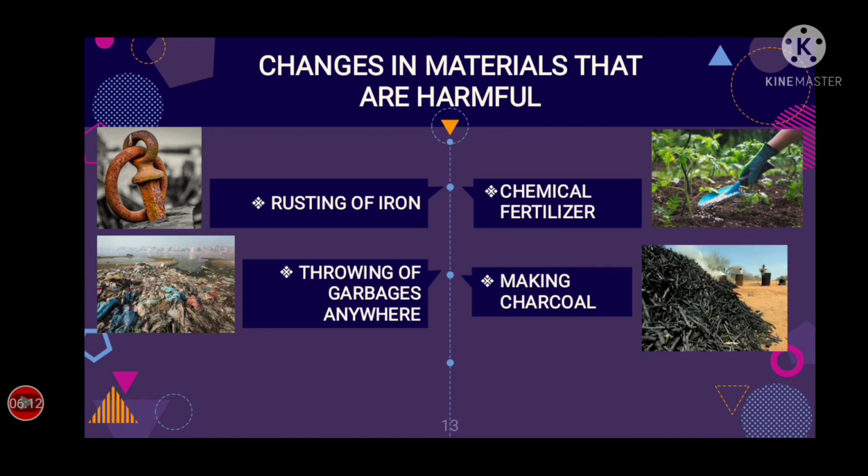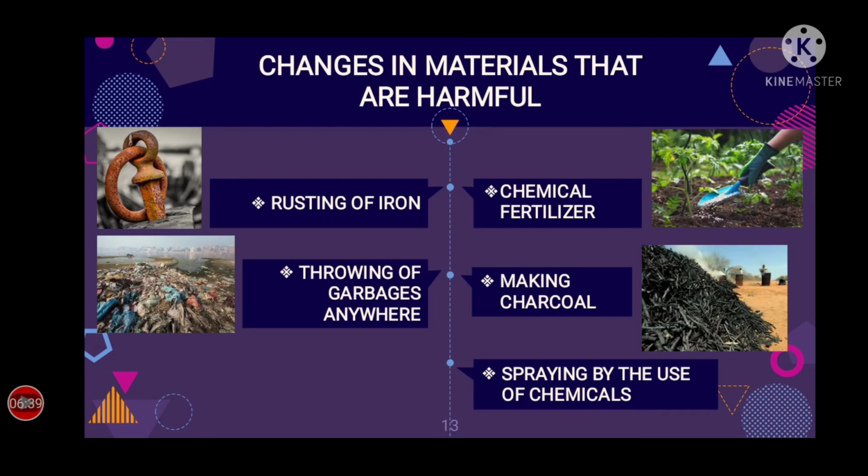We can have water pollution, air pollution, land pollution. That is the effect. And also, when the garbage piles up, there will be flash floods, landslides, floods, and water overflowing in the canals. So that is the reason why throwing of garbage anywhere becomes harmful.